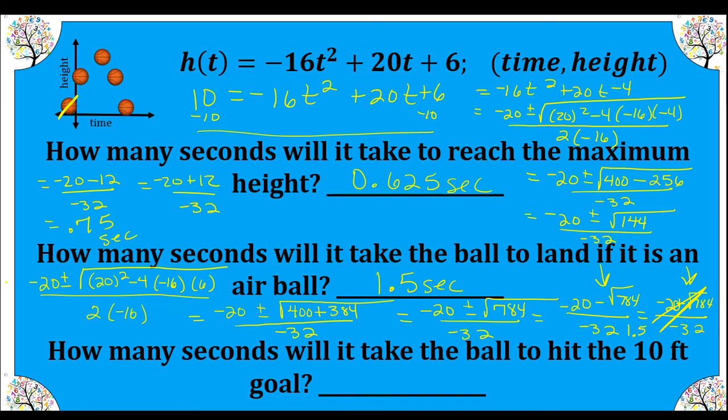And 0.25 seconds. So we have two answers. Remember, here is our axis of symmetry, and at 0.25, the ball is 10 feet in the air, right here, and then at 0.75, it's coming back down and it's still 10 feet. So that's why you have two answers.